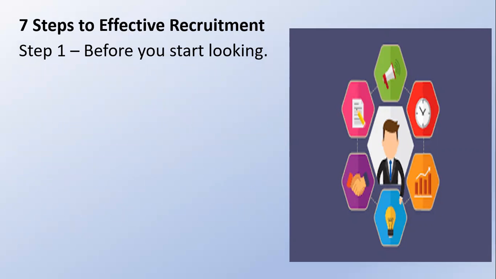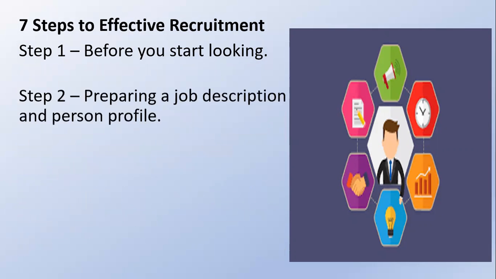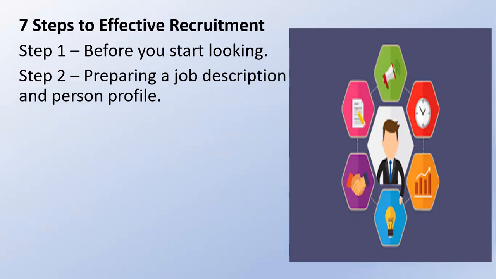First, before you start looking, we must know what a particular organization actually requires. What is the job specification? That must be well defined. Then, once they know what the organization requires and where the vacancy exists, they must look into the job description.